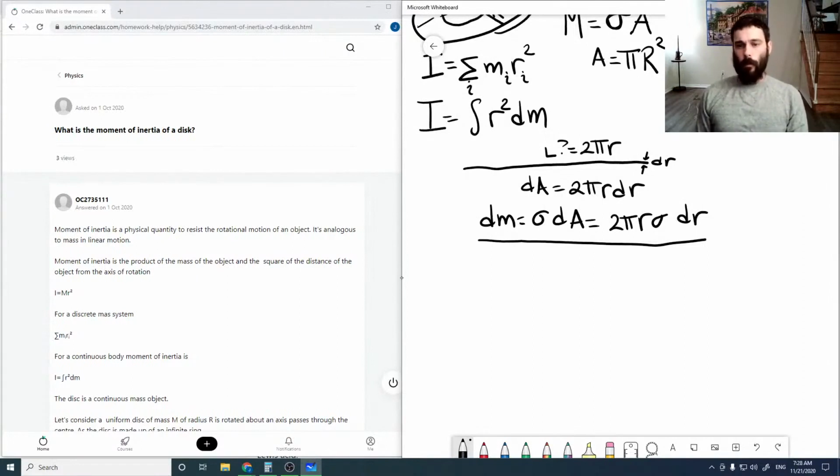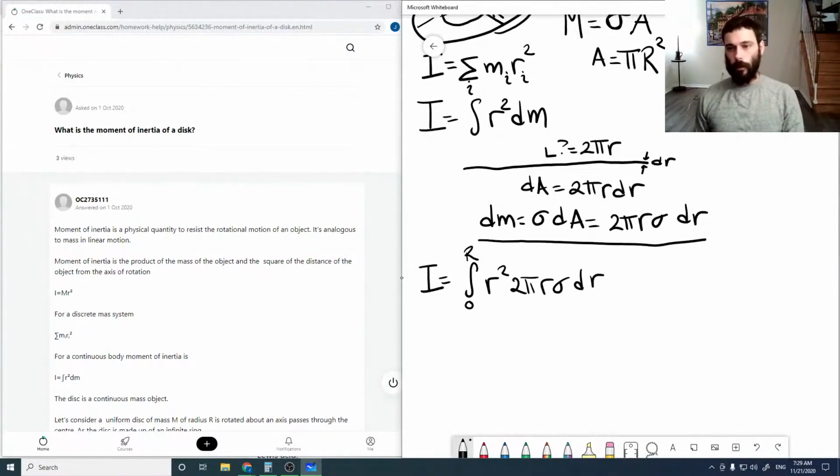Okay, so putting this back into our moment of inertia expression, we now integrate, and our integral now is going to be over r, so it's going to be from 0 to r, the complete disk. And that'll be just r squared times our dm, which is 2 pi r sigma dr. 2 pi and sigma are just constants, so they can come out front.